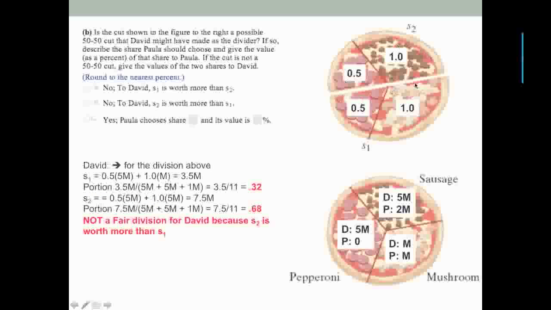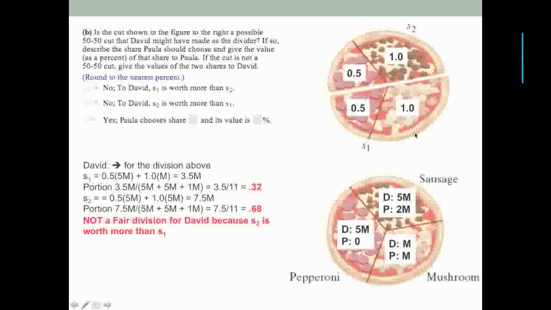Now notice that the cut is different. So you're now being asked if David has a fair 50-50 cut that he might have made, and then answer the questions similar to what we had in the last part. So we're going to look at David's valuation first, S1.